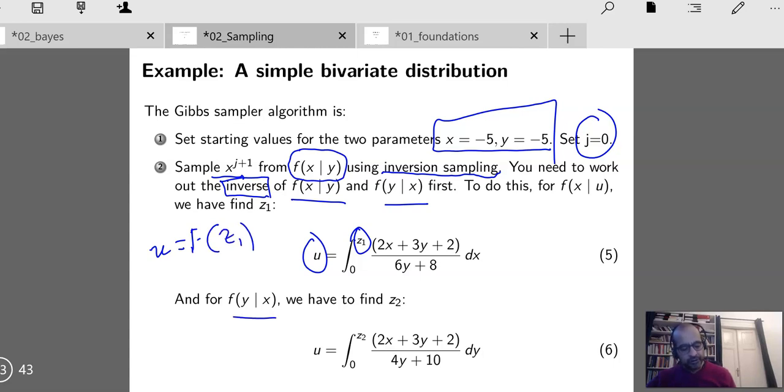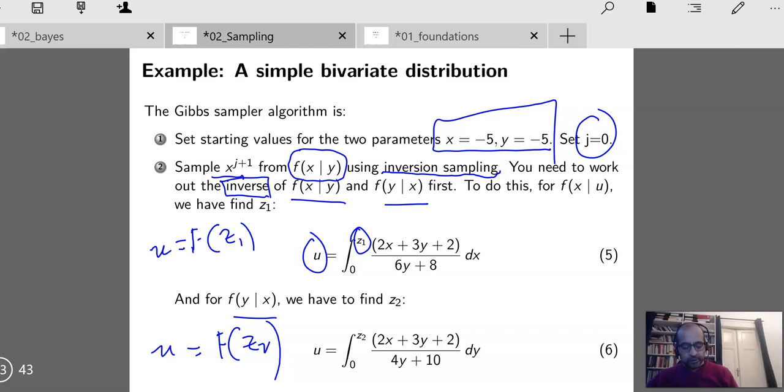And similarly for the next term, we generate a random variable, and then we take the cumulative distribution function for the PDF of y given x, and then we figure out the value for y as well.